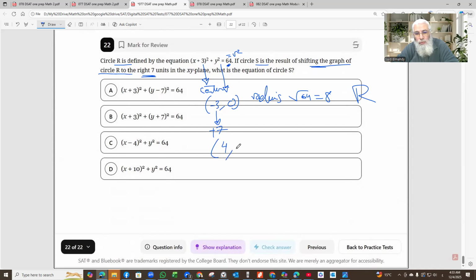And y stays the same, and the radius is still the same, 8, so the radius squared is still 64. So the equation is x minus 4 squared plus y squared, because nothing is subtracted from y, equals 64. This is the correct answer.